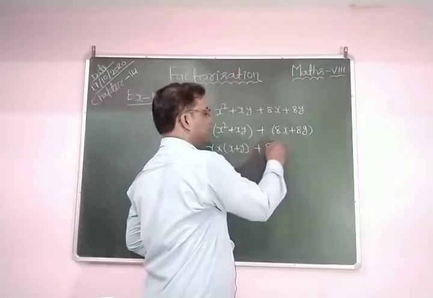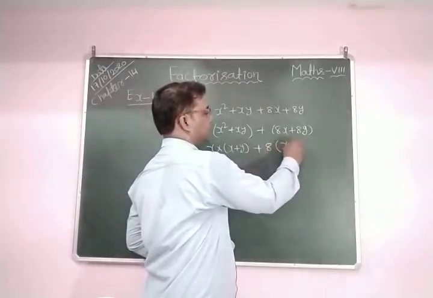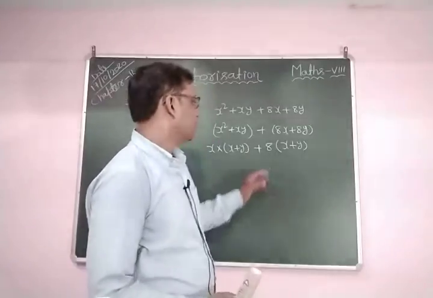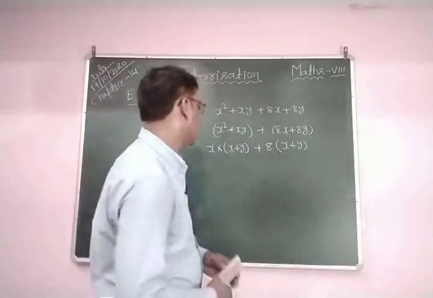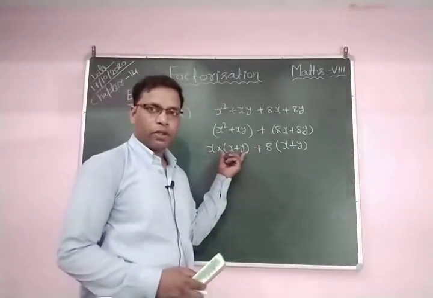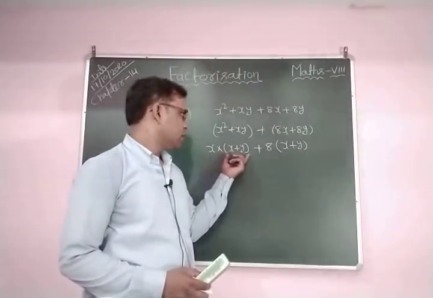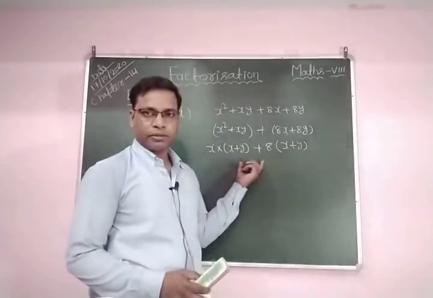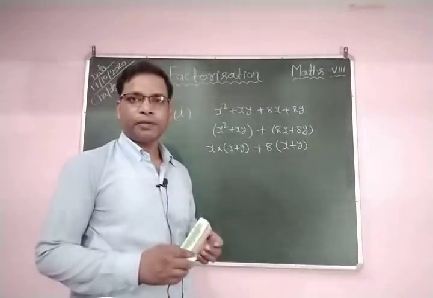If you take common 8, then you obtain x plus y. In both terms, you can see x plus y is common, so you can take common x plus y.